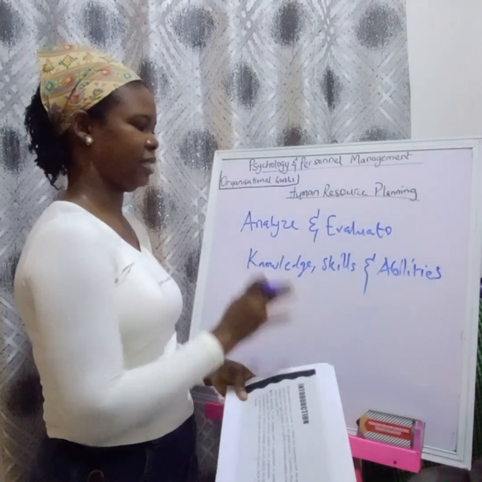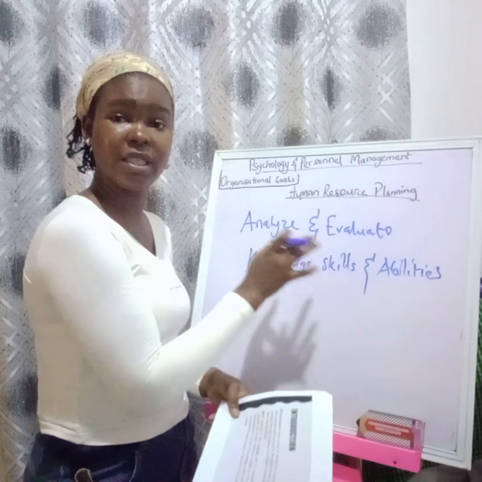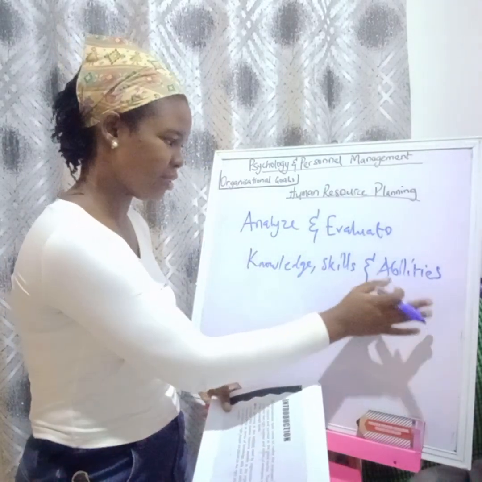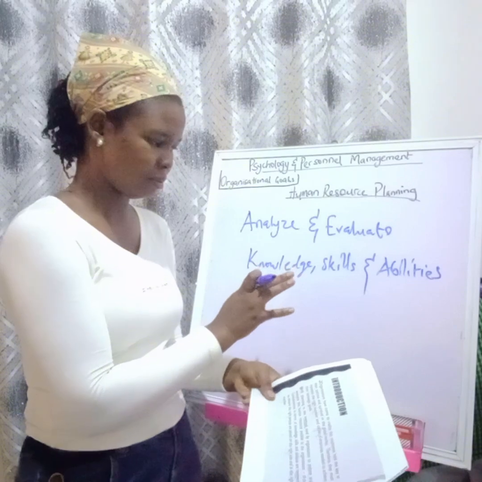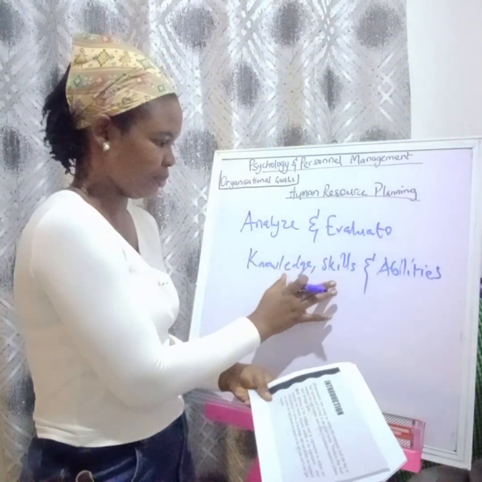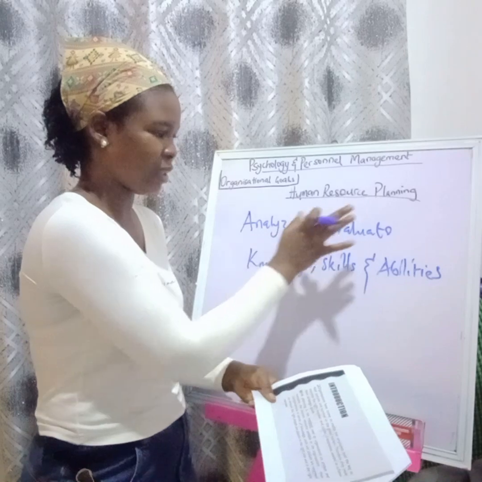Human resource planning is to analyze and evaluate human resources in a company or organization. These knowledge, skills, and abilities are what is being talked about here. What are they analyzing, what are they evaluating?